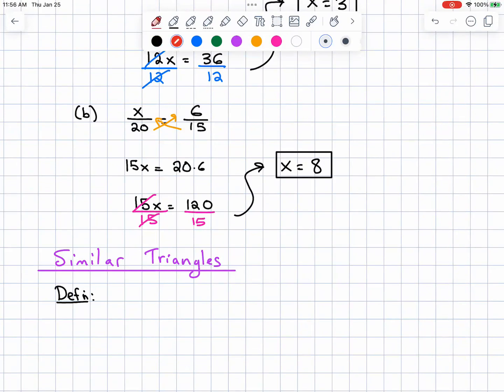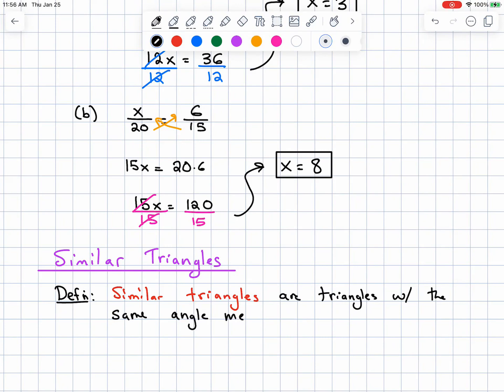Similar triangles are triangles that have the same angle measurements but different side lengths.